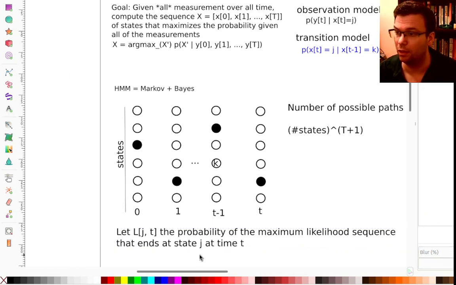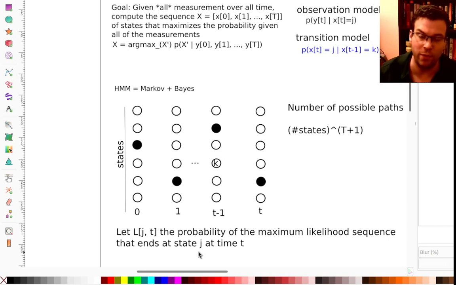I'm saying, let's suppose I was able to solve this problem up to time T if you end on state J. That's a subproblem. I'm insisting that you end at state J, and I'm considering the first T states.